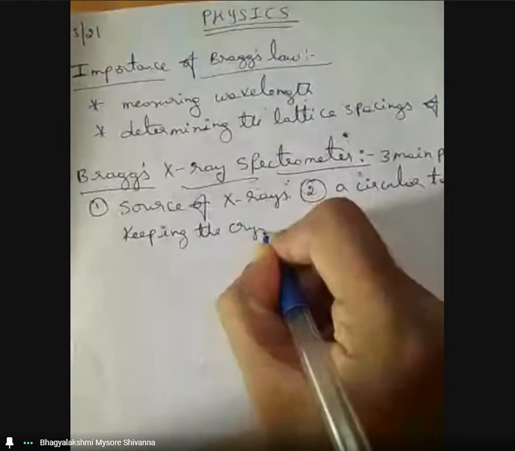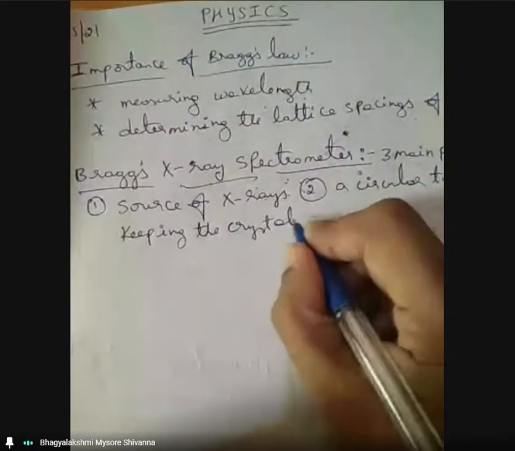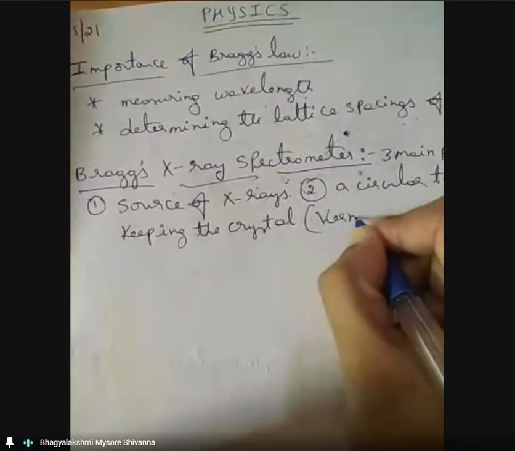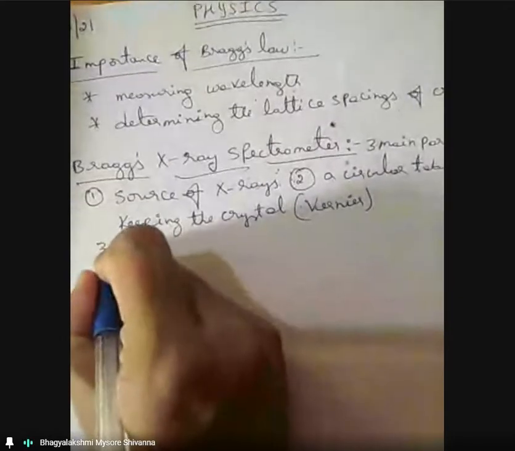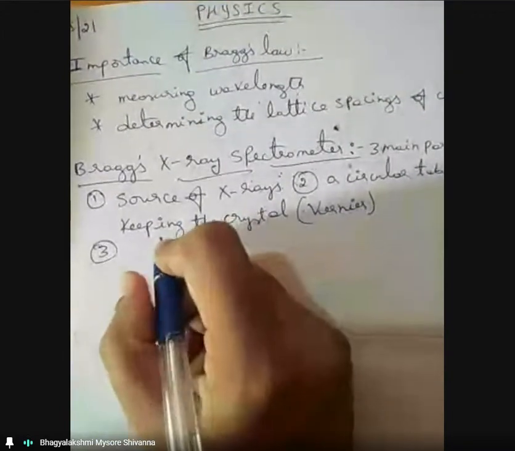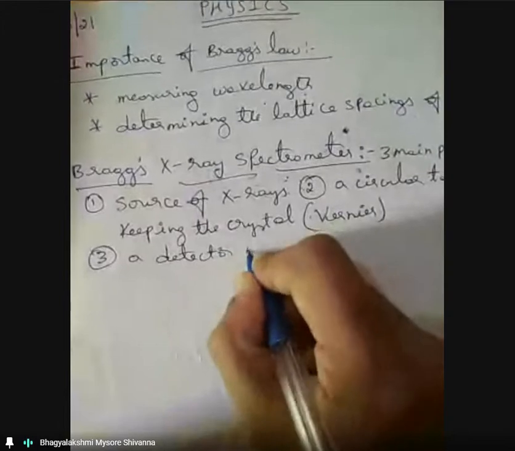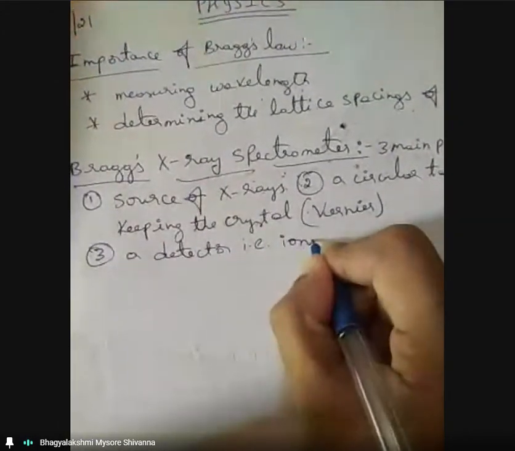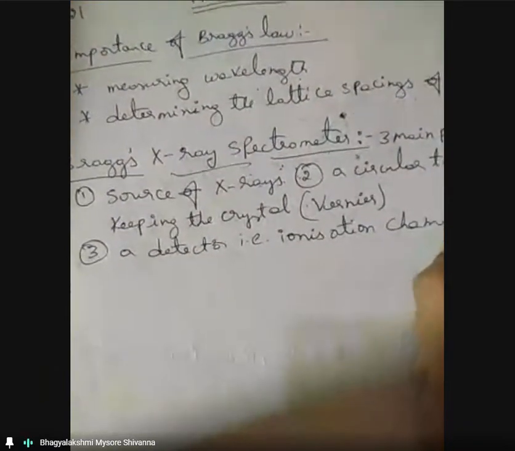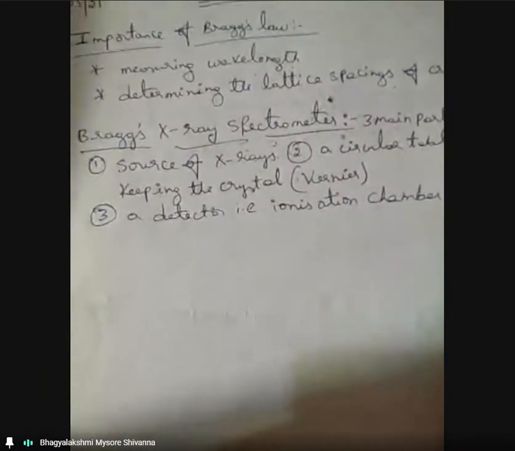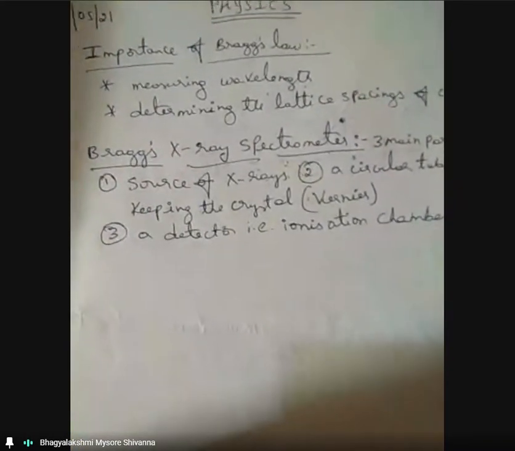The table is connected with a vernier scale. The third important part we need is a detector, that means it should be an ionization chamber.